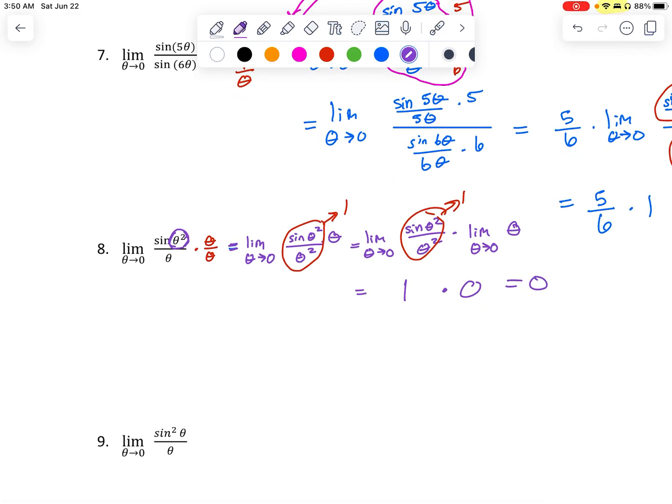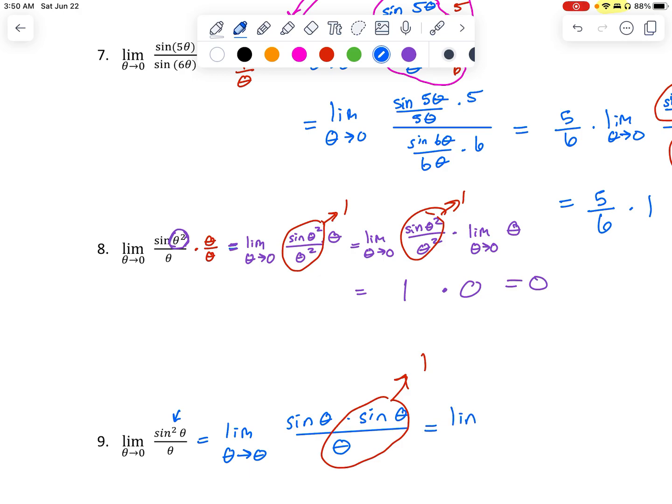Now number 9 looks very similar to 8, but the square being over here with the sine means that I actually have sine squared of theta. So it looks like that. In this one, I can already see this part will go to 1, and then I can take the sine of theta separately. So I'll separate my product again.